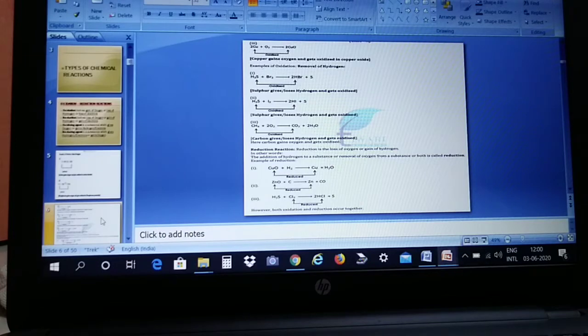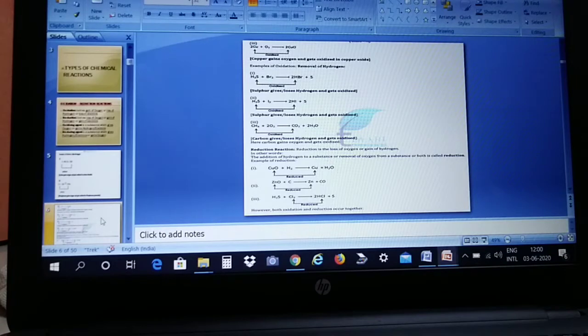Again sulfur loses hydrogen and gets oxidized. Next, methane, that is CH4, plus O2 gives carbon dioxide plus water. Here carbon loses hydrogen and gets oxidized. Please make a note in your notebook, children.